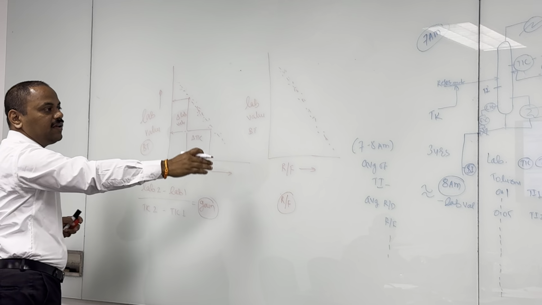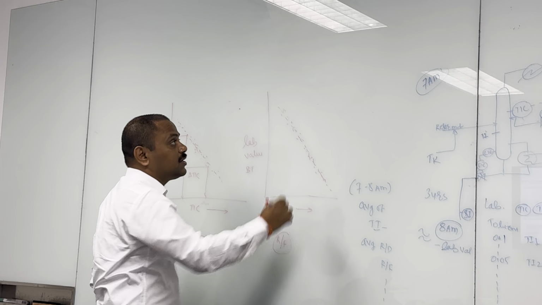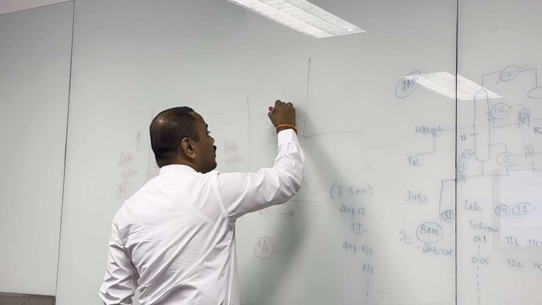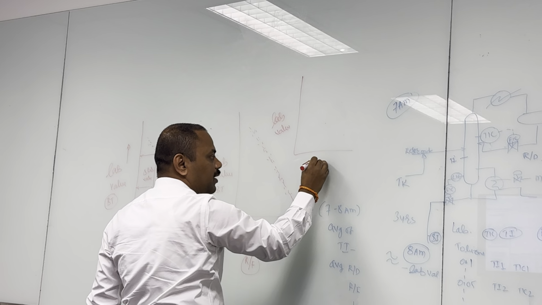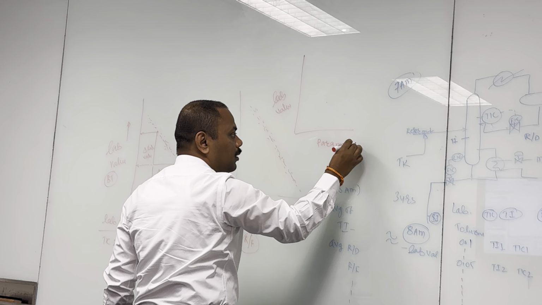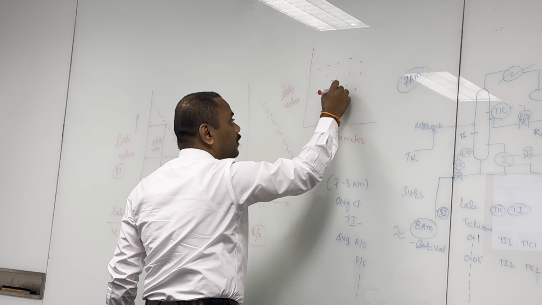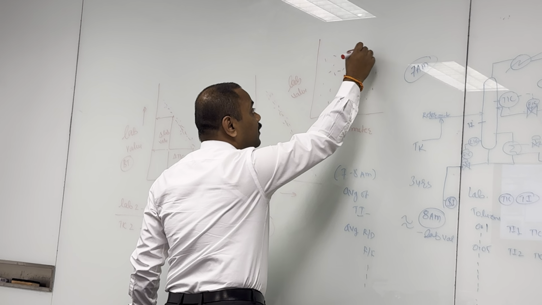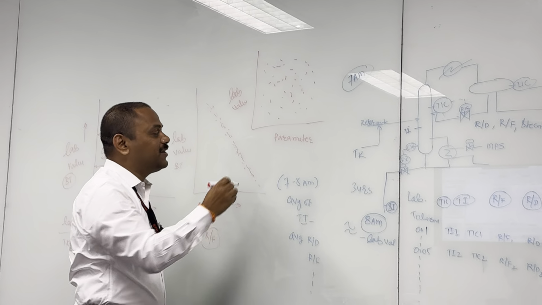Now, let's say this is a very clear case, where we are getting a good relation. But in some cases, the lab value and the parameter you consider come out like this. What does it mean?